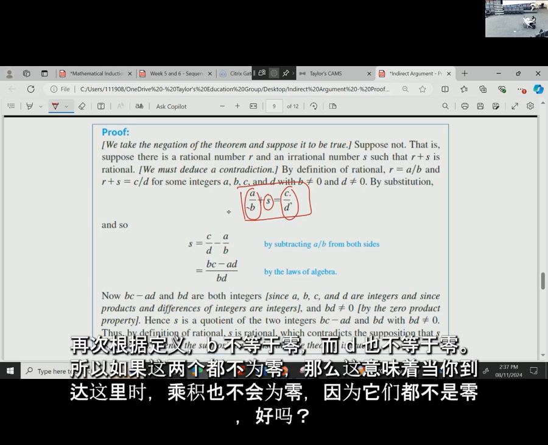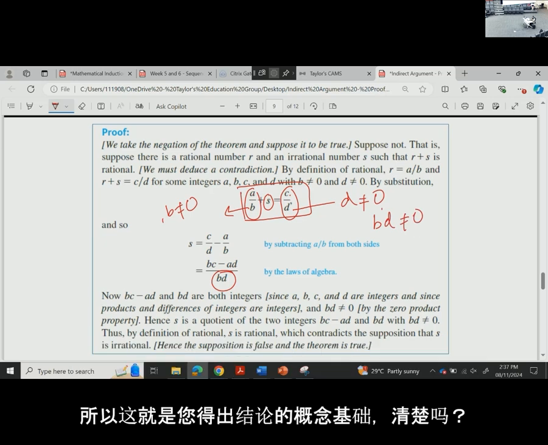And based on the definition again, b is not equal to 0, and here d is not equal to 0. So if both of these are not 0, then when you reach over here, the product will also not be 0, because none of them is 0. Okay? So this is your conceptual base for reaching the conclusion. Clear?